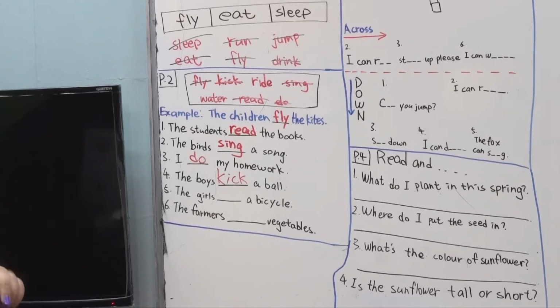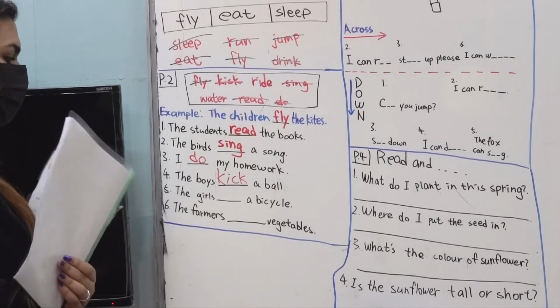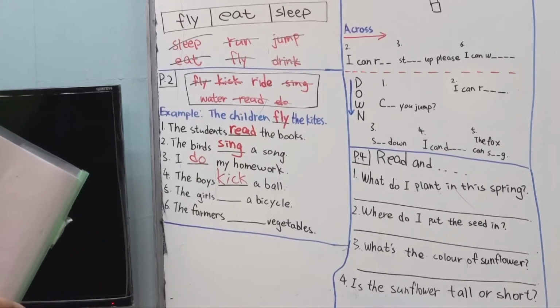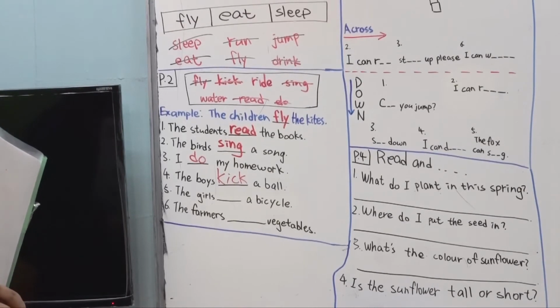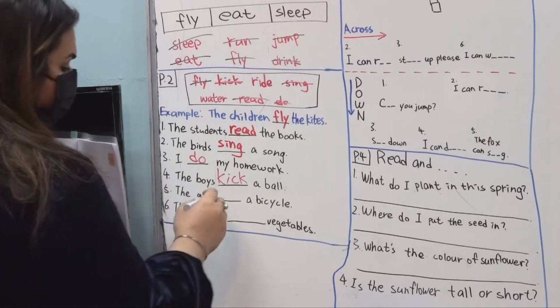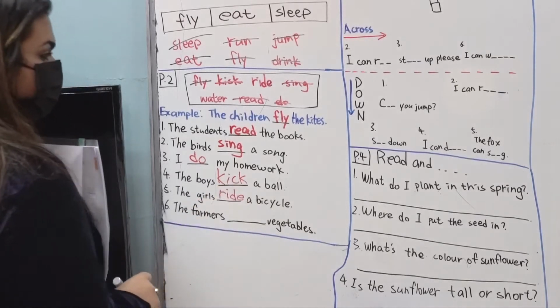Number 5. The girls what a bicycle. Which action goes with a bicycle? So which action do you do with a bicycle? Ride or water? That should be ride, right? The girls ride a bicycle.